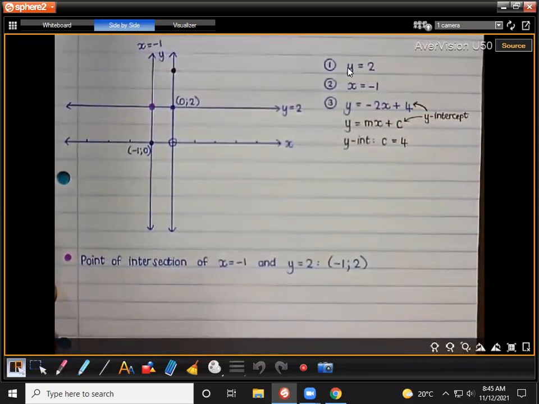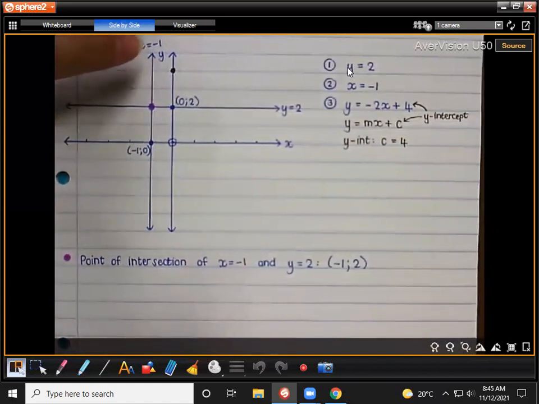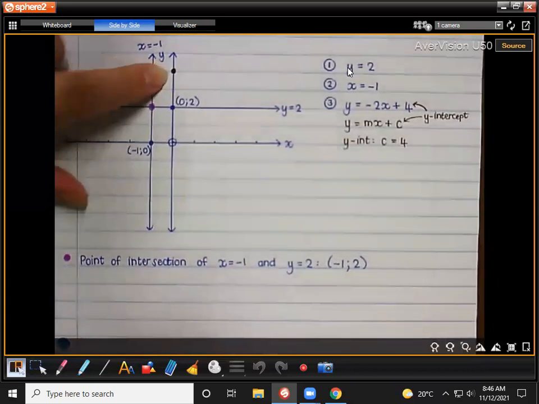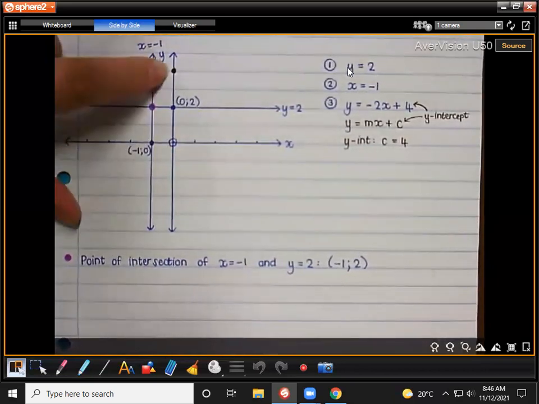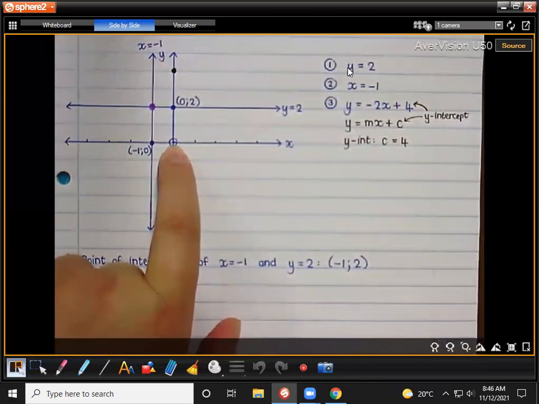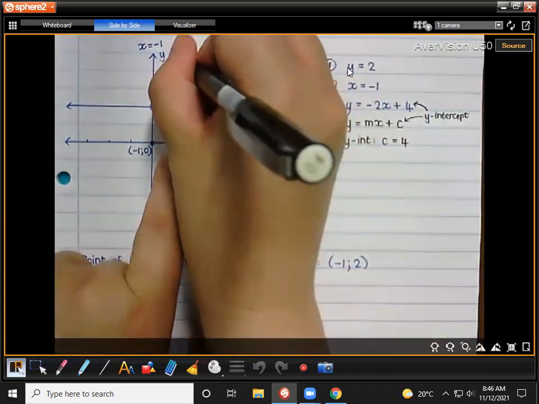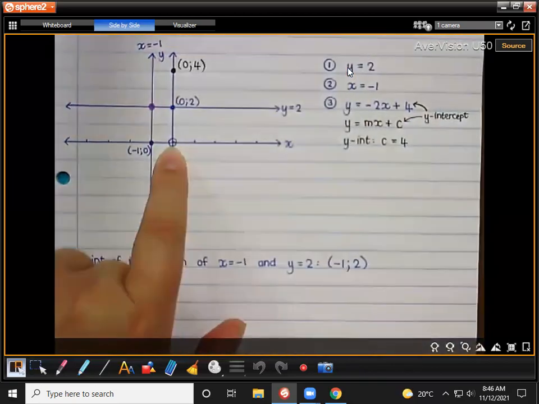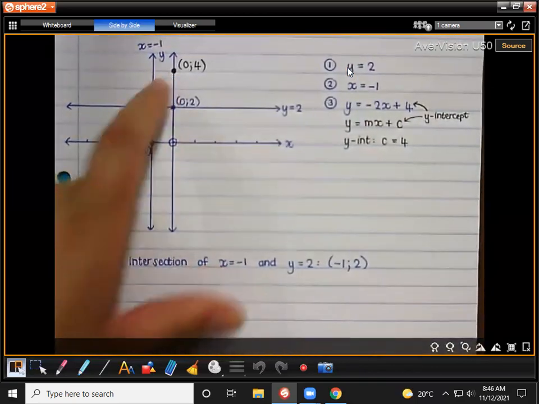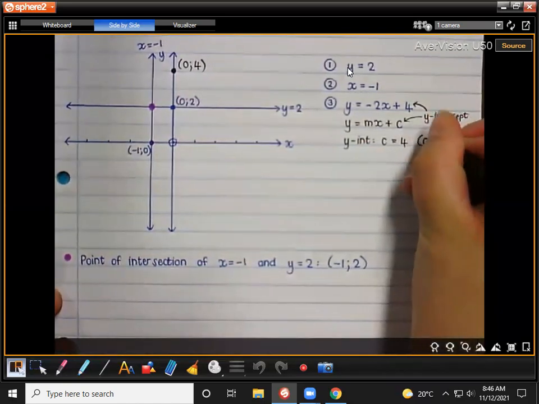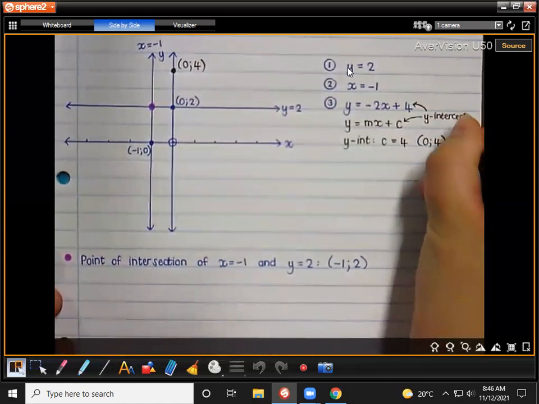What would the coordinates of that point be? The x value of this point is 0, since it is in line with x equals 0. And the y value is obviously 4. So the y-intercept is the point (0, 4).